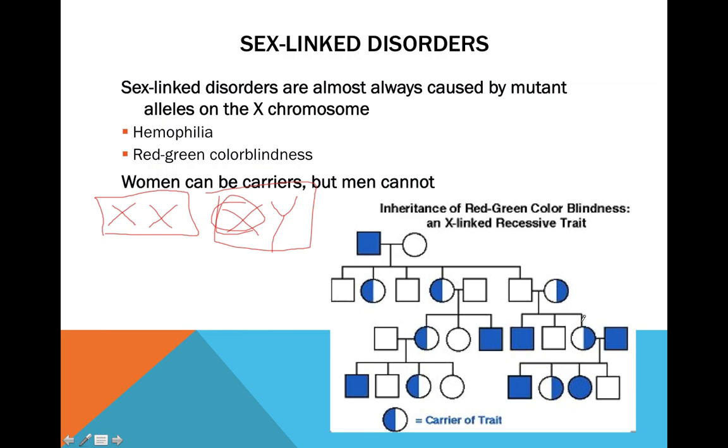Down here, you see that one parent, which is female, is a carrier of this trait, and her husband, the father, is affected by color blindness. So down here, this man is affected by the color blindness, this one is a carrier, and this female here was actually affected by the color blindness.